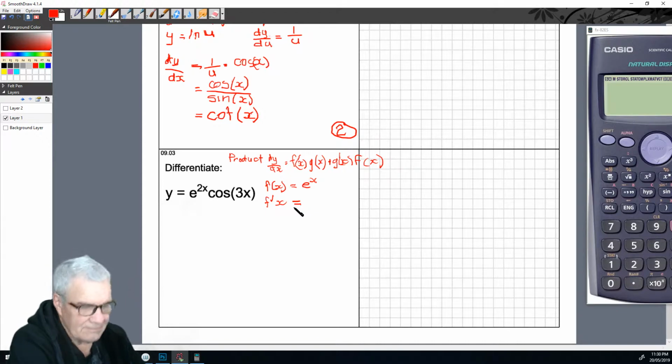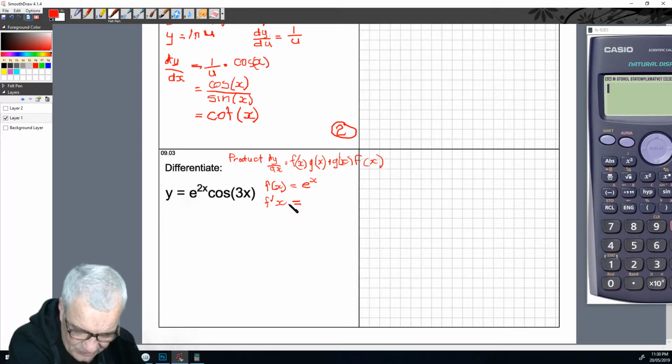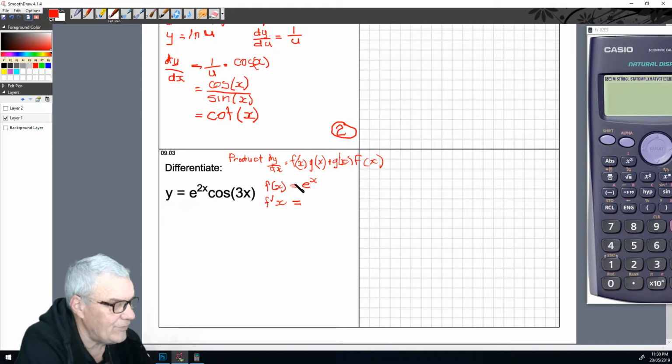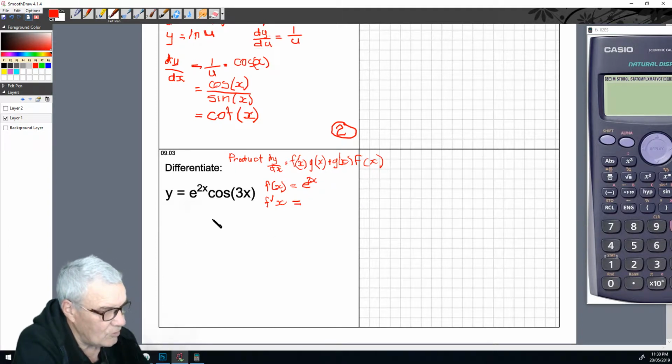Now, f dash x of f of x, as you can see, f of x is e to the power of 2x, which needs the chain rule to differentiate it. So if we do that over here, let u equal 2x.